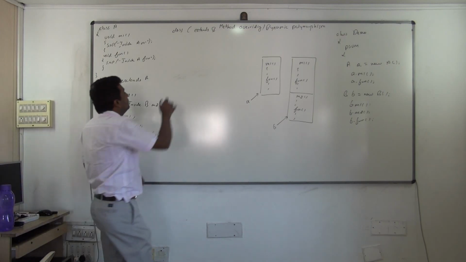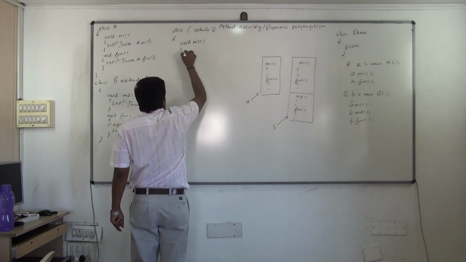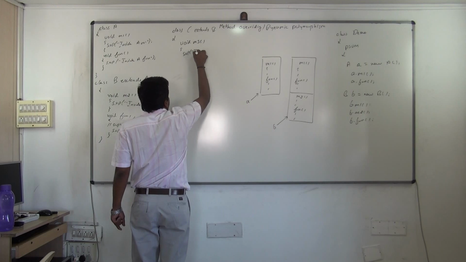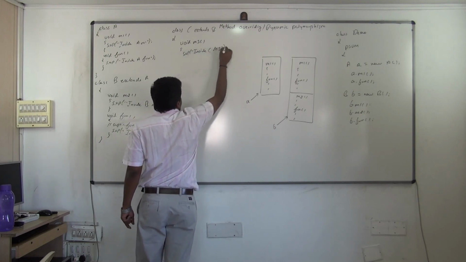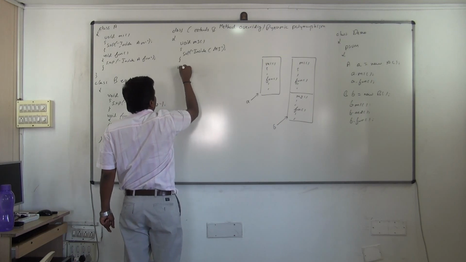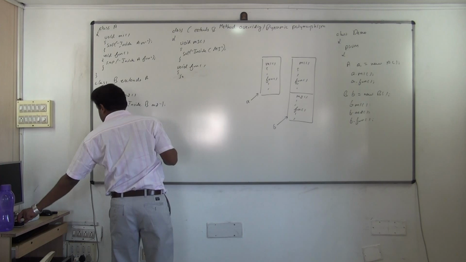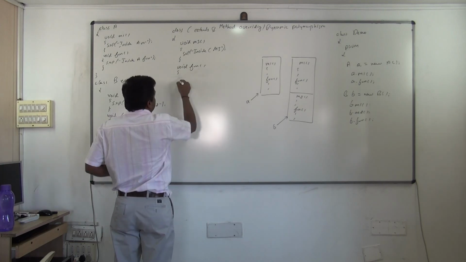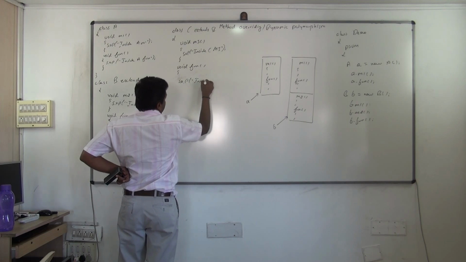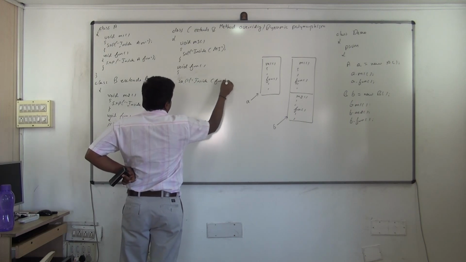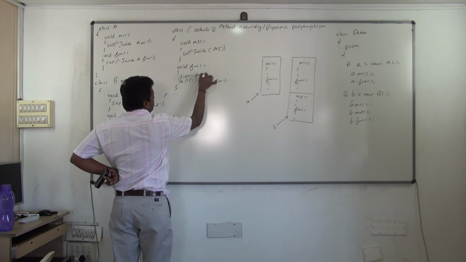So what will he do now? You can add an extra method, that is optional. Then he can override void fun. Now again, super.fun is optional.